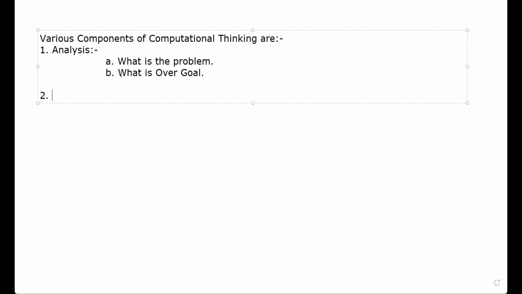Second step is decomposition. My dear students, according to this step, we have to divide tasks into multiple chunks. Children, we divide a task into small chunks.